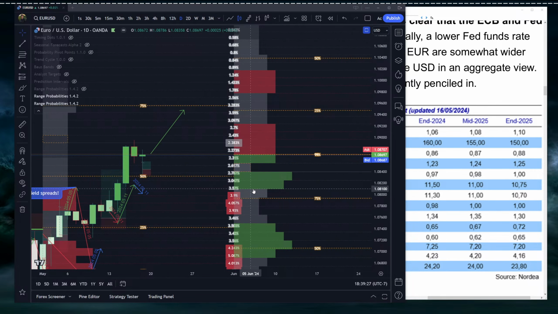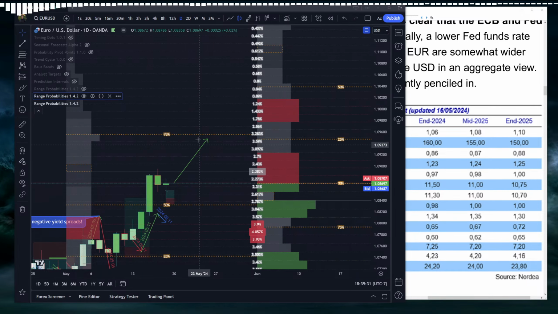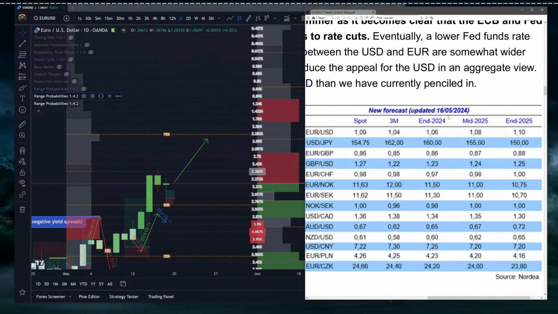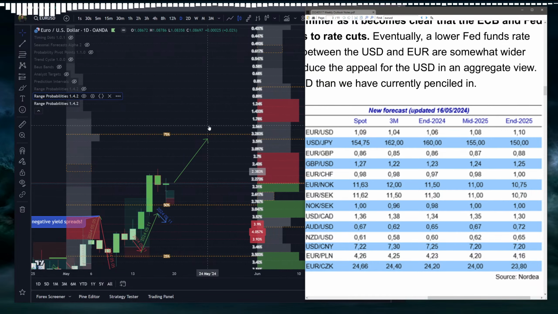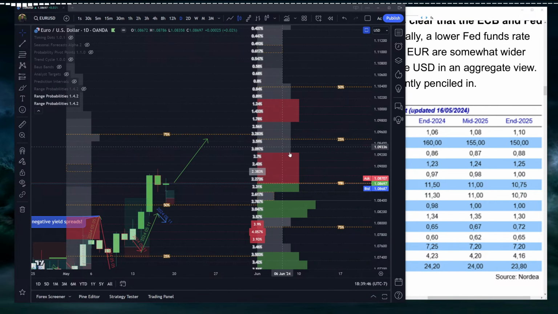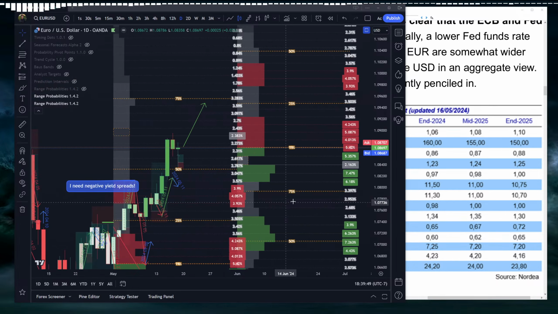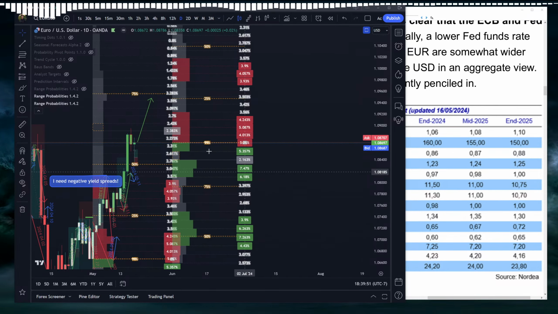We're currently at 1087. They're actually expecting something along these lines between here and 3 months from now, around the spot. And then 3 months from now, they're like, oh, this thing's going to fall like 500 pips. So they're looking way, way ahead here.